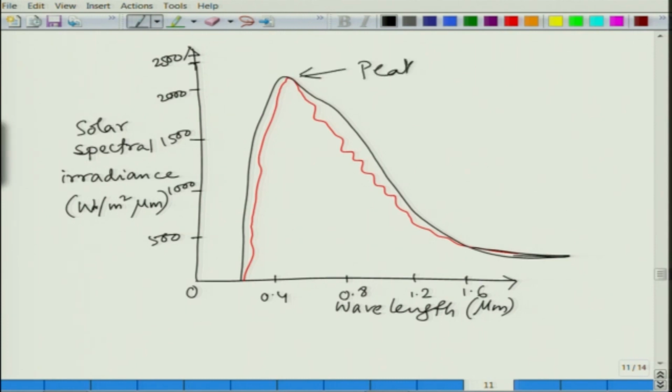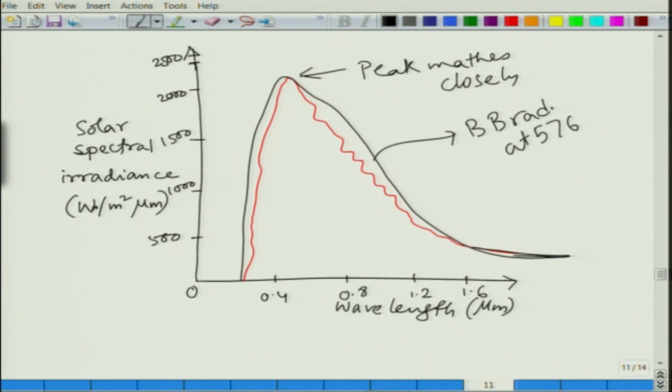Okay. The peak matches closely. This is the black body radiation at 5762 Kelvin, okay, and this is the solar radiation.